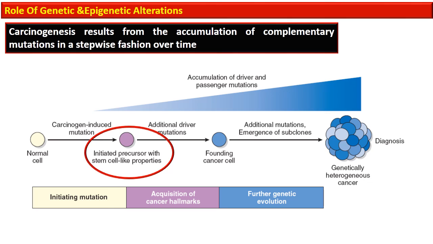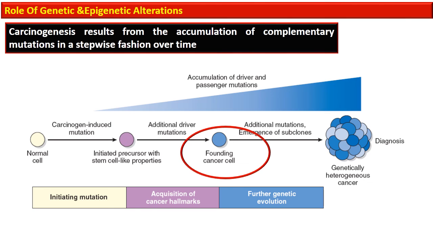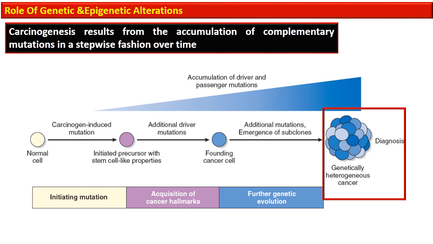With the addition of further driver mutations, a cancer cell is formed, and with additional mutation and further genetic evolution, the tumor may form subclones, and it is genetically heterogeneous at the time of diagnosis.